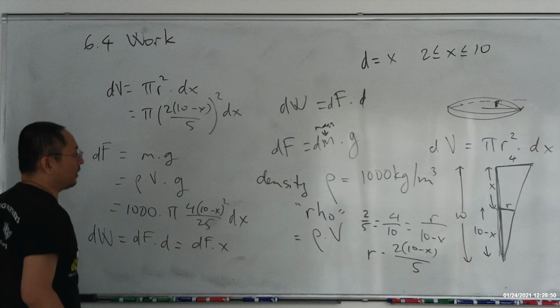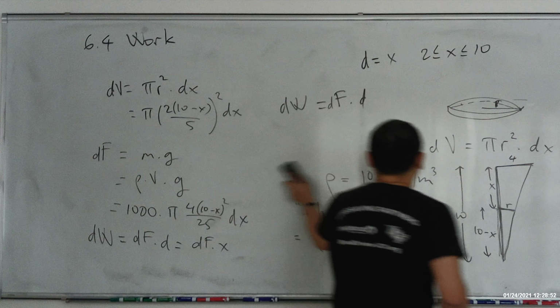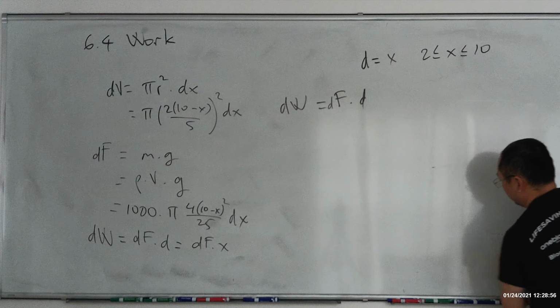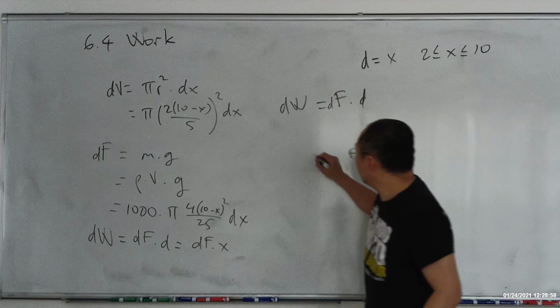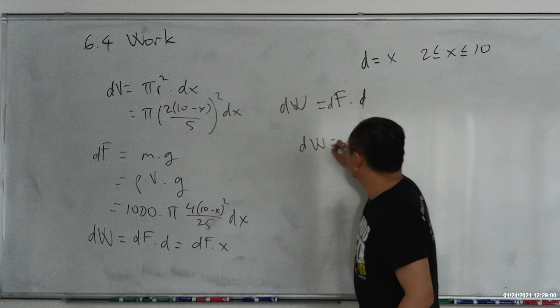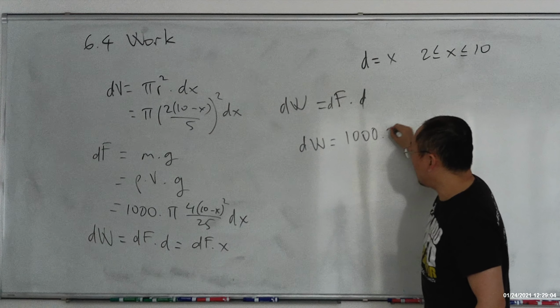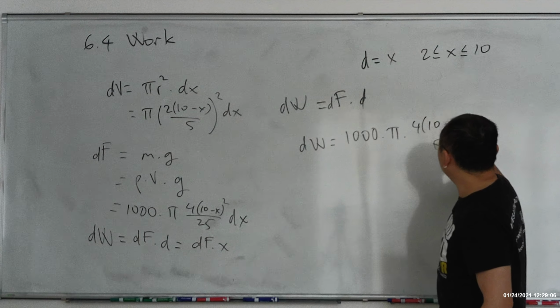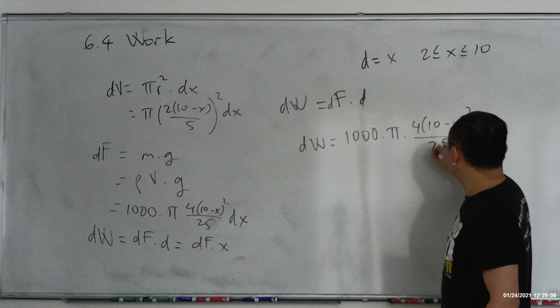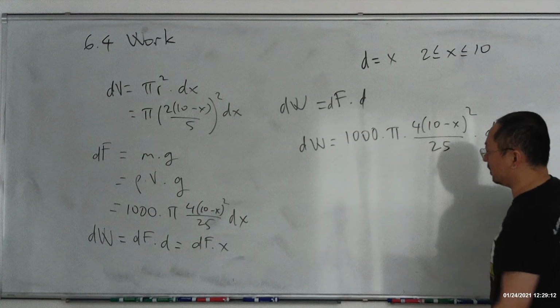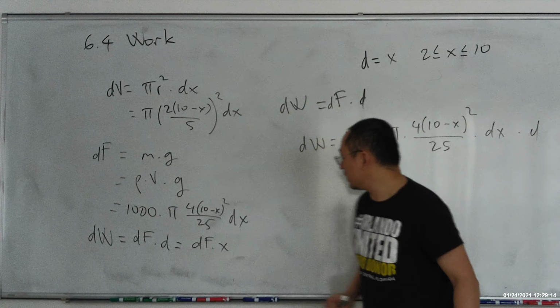So look at everything in here. Little work is 1,000 times pi times 4 times 10 minus x squared over 25 times dx, and then times x, right?